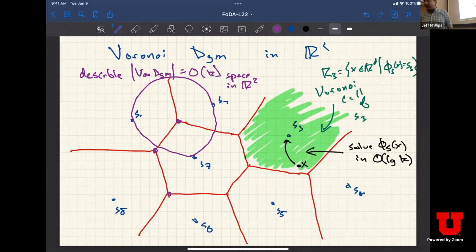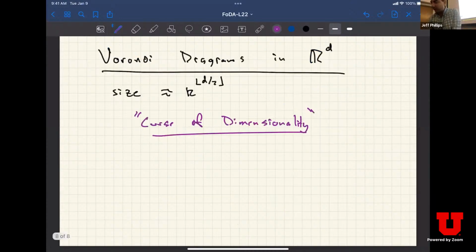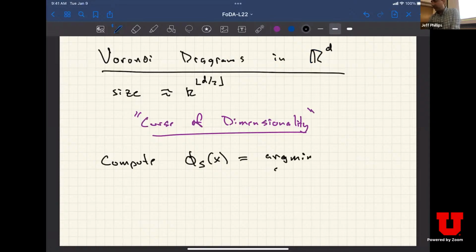This is exactly this phi of S function that we need to work with. But what we want to do is compute phi of S for x a bunch of times. So remember, this is argmin over s_j in S of the norm of x minus s_j.